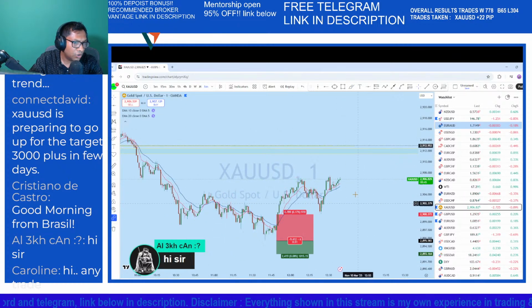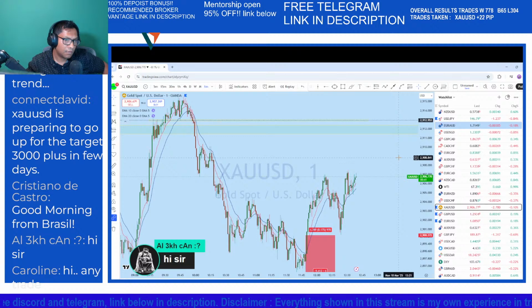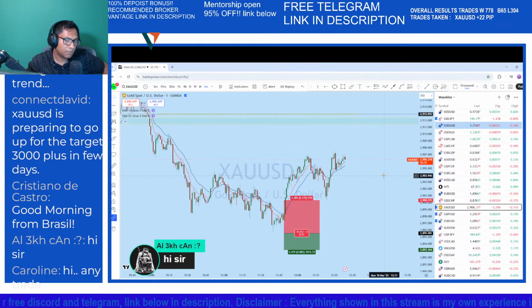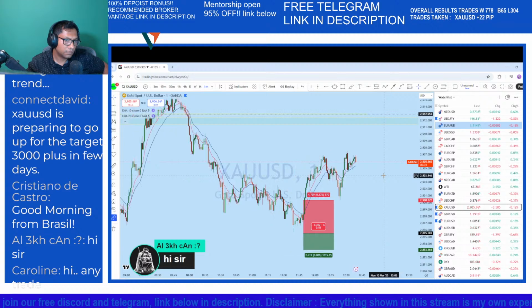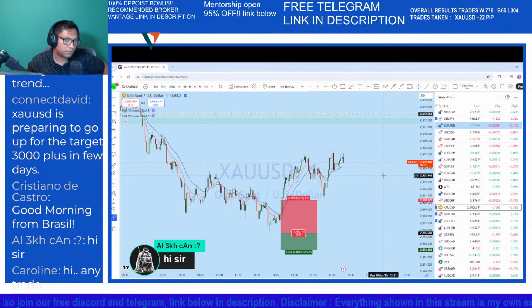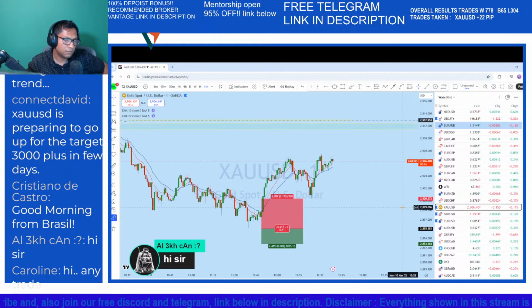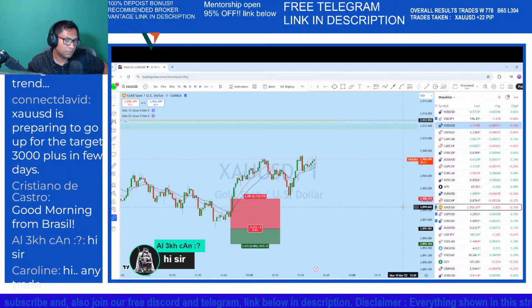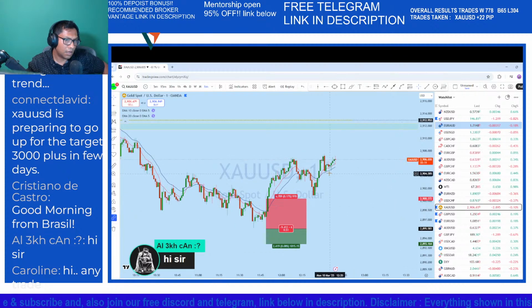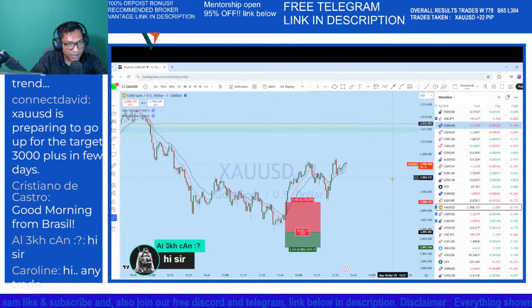So here after this doji, it's breaking to the upside at the moment. After this doji, the market is slowly coming to the upside.